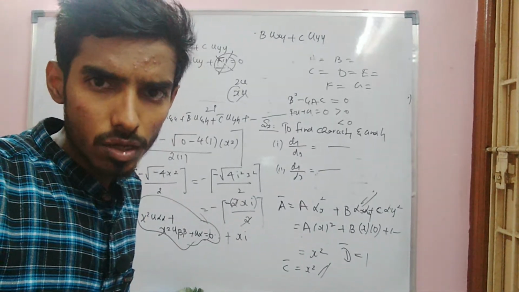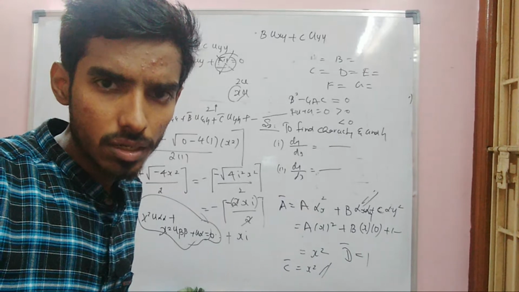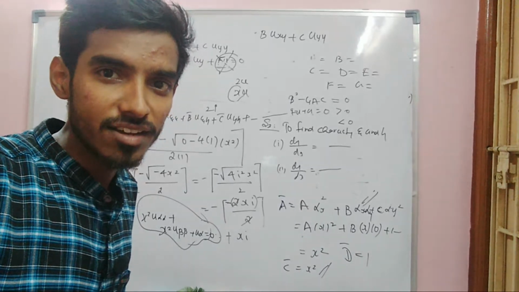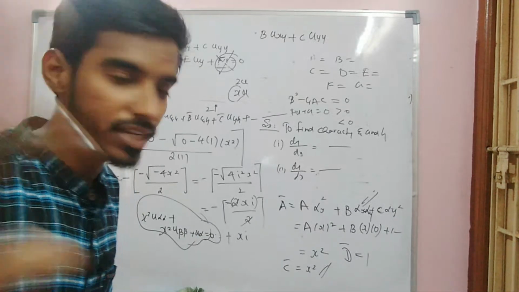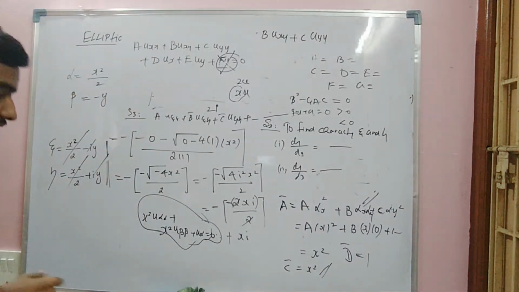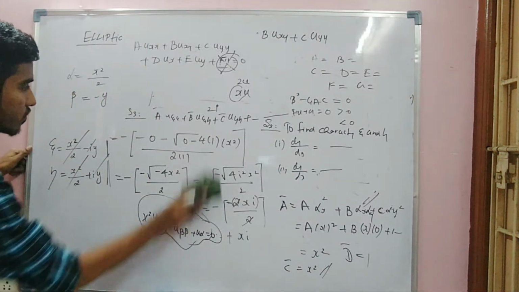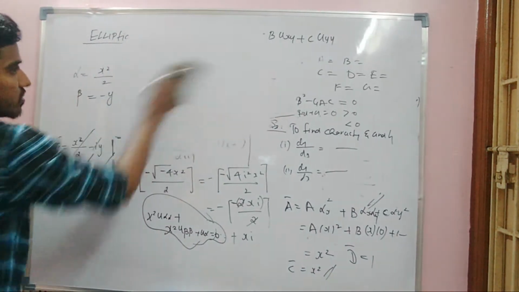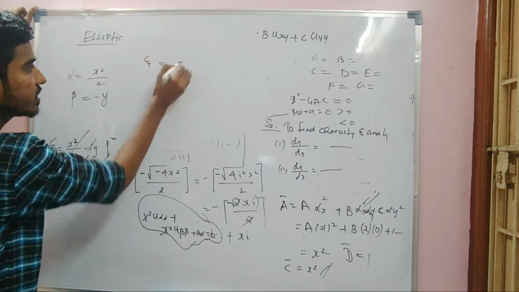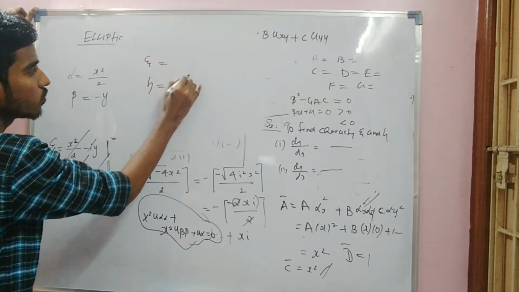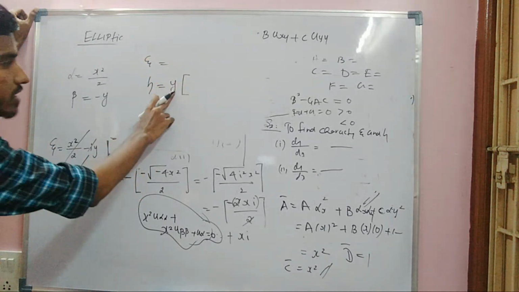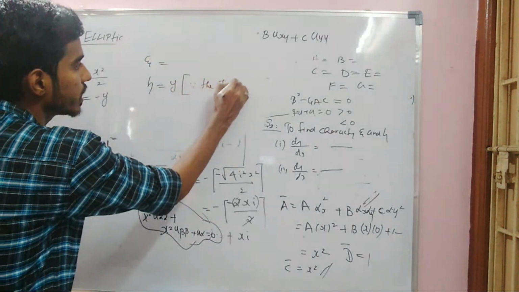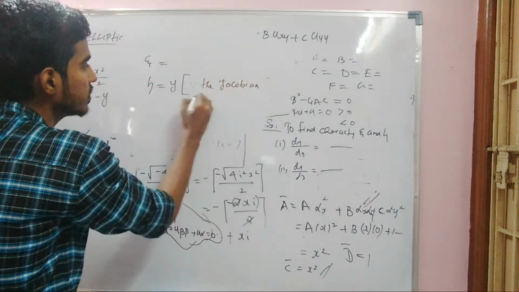Sir, in the parabolic case, how will we tell why we took eta? It is not meta, it is eta. So after finding theta, you just say eta is equal to y, since the Jacobian is non-zero.